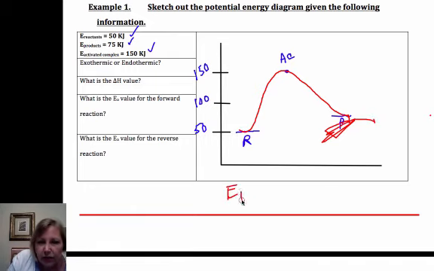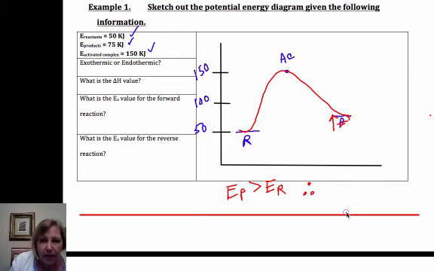of my products is greater than my energy of my reactants. Therefore, we went up in energy. If you go up in energy, it's an endothermic reaction.